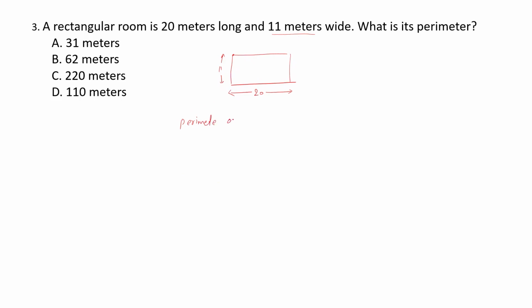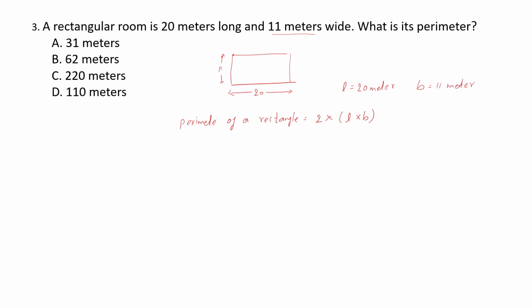So perimeter of a rectangle is equal to 2 into length plus width. What is length? How long your room is? Length is 20 meter. What is its width? Width means how wide your room is. It is 11 meter, right?